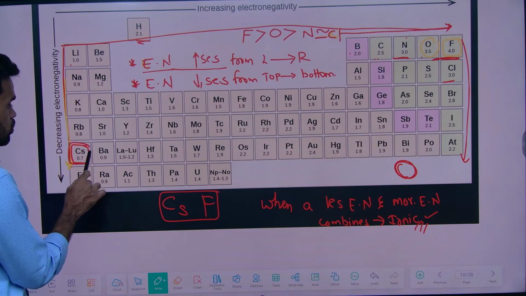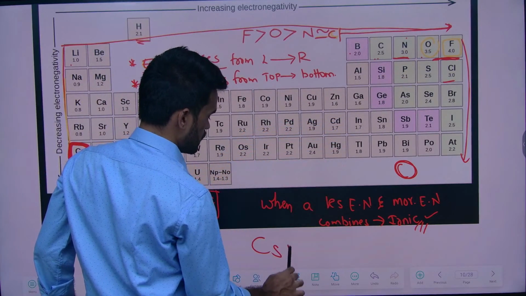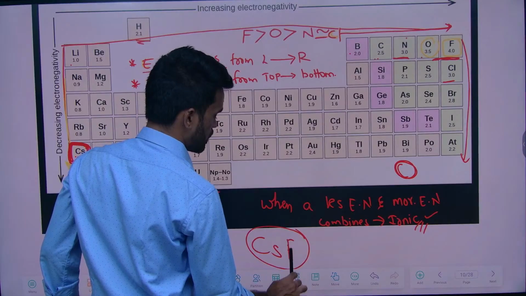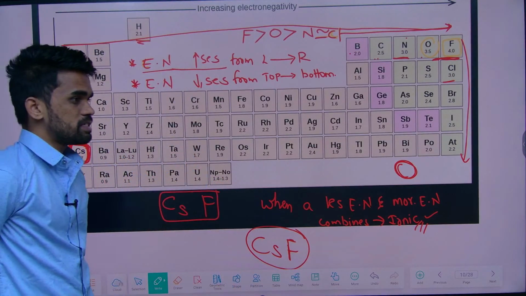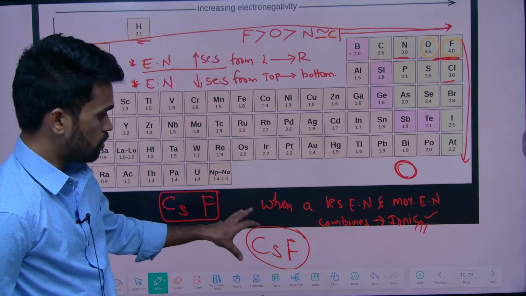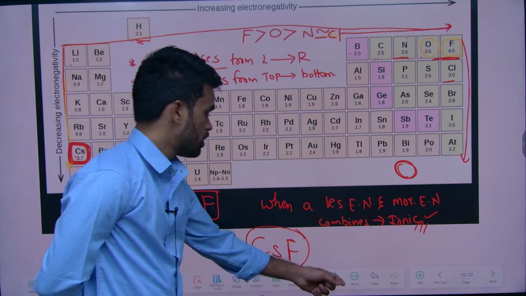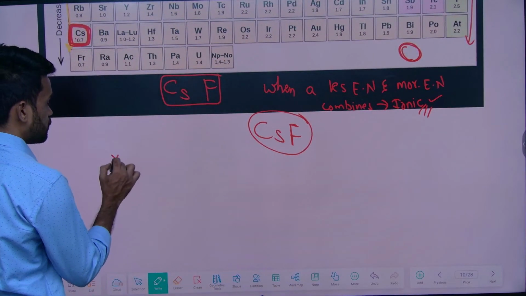Cesium, the more electropositive element. This is the cesium ion and the fluorine ion, that is cesium fluoride. Which is that compound we can prepare as an ionic compound here? Cesium fluoride, which is having more ionic character here. I hope it is clear how we have made this. Now from this you need to get one understanding here.